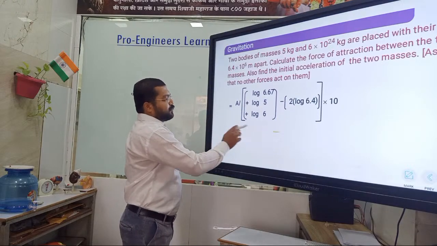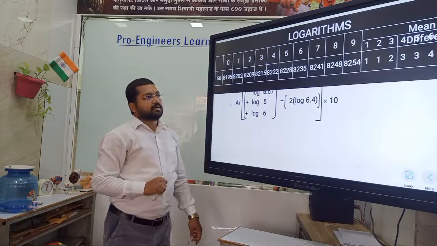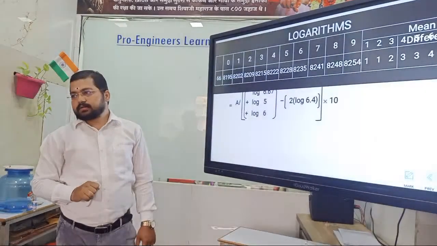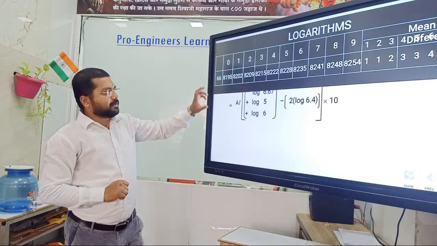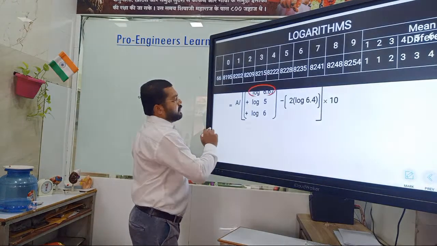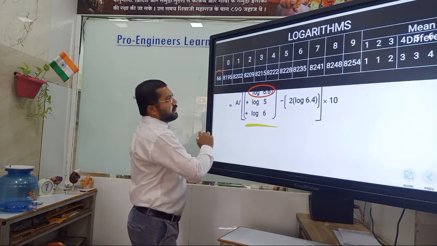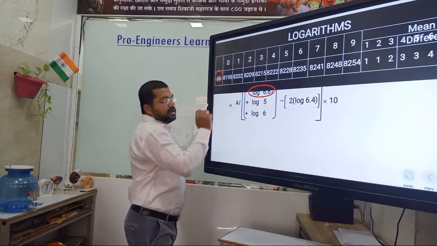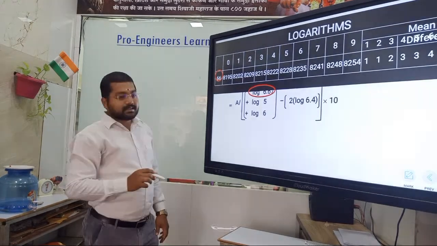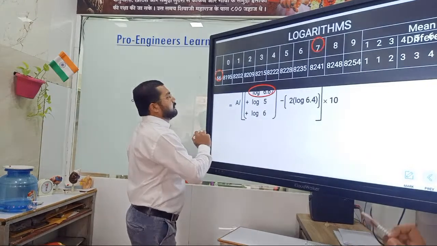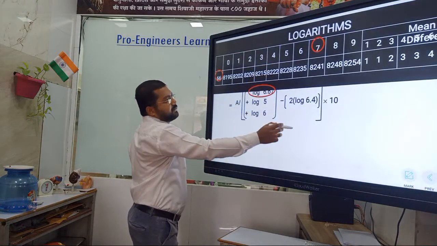Now it is most important to calculate these logs. If you have a log table, you can calculate from the log table. Log 6.67, how to calculate? We go in the row of 66, then 7.